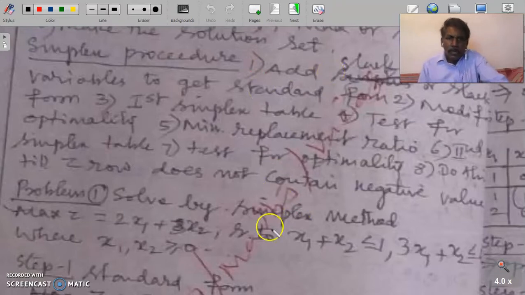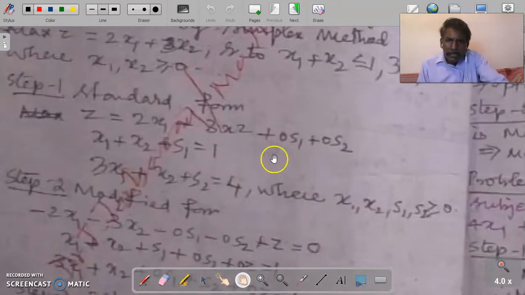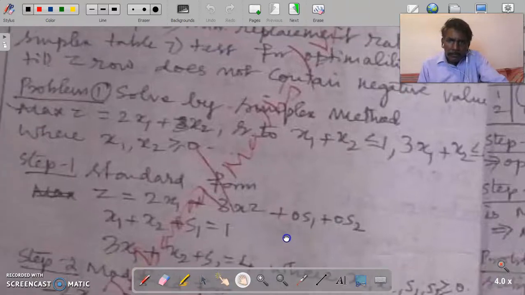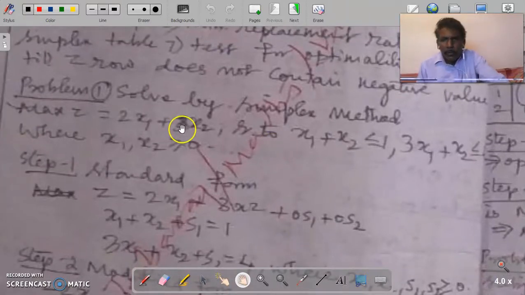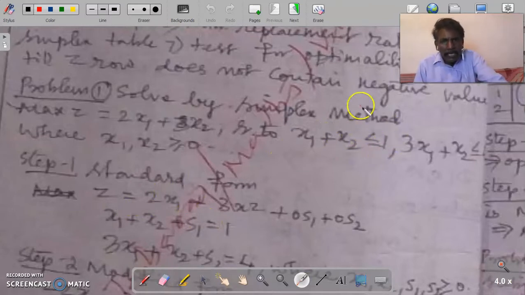Now look at this first step I want to show you here. In this particular problem, x1 plus x2 is less than or equal to 1. So we have to add the slack variable to make this an equation.